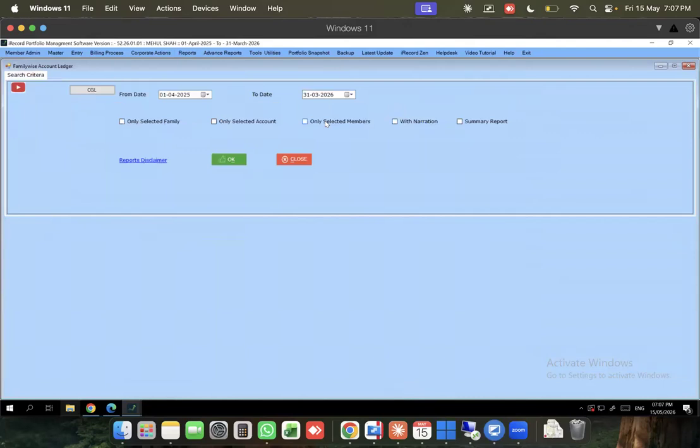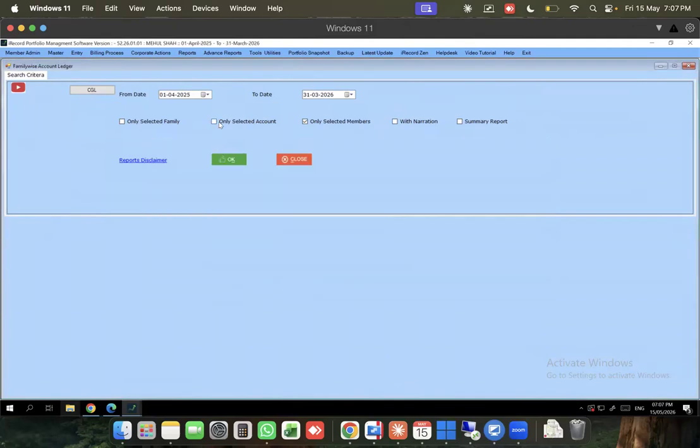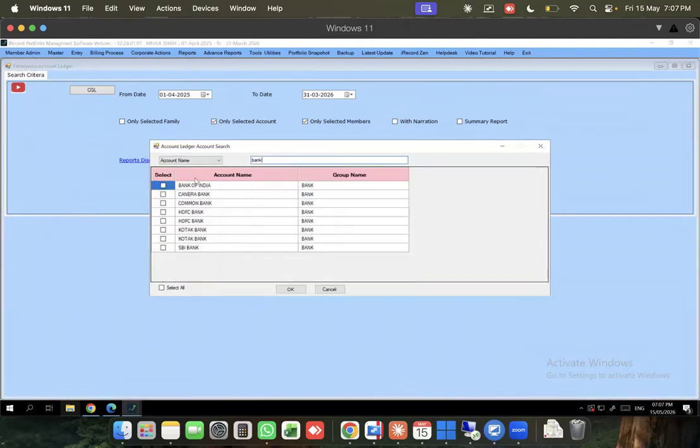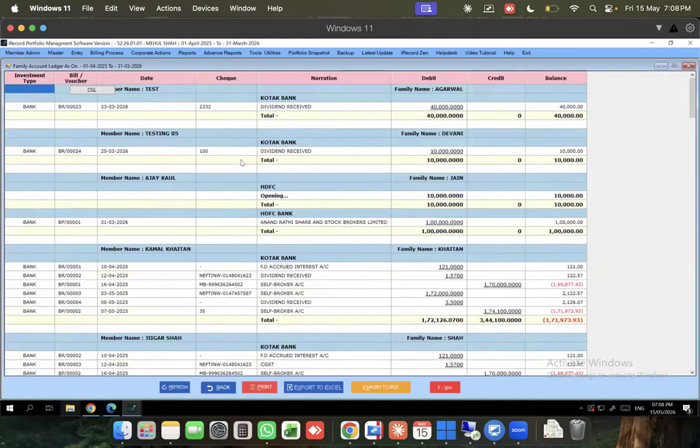So, irrespective of whether you have 20 family members or 500 clients, it doesn't matter. If you wish to see for nth number of clients from your list, you have to select the ones you wish to look up ledgers for. Just click on those names, select the family or the ledger name, and just click on select all. What this will do is look up all the transactions you have for the selected entities and the selected ledgers.